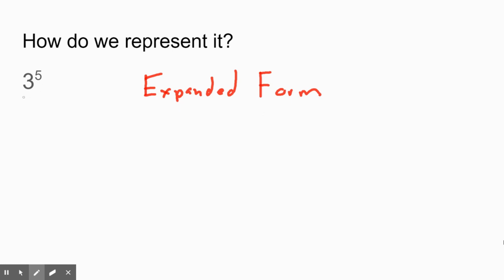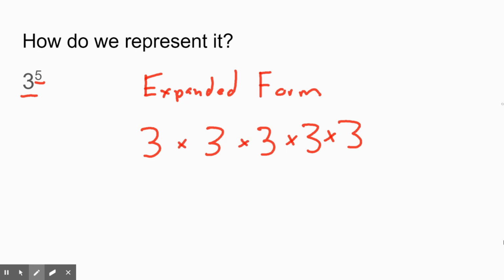We look at our base, 3, and our exponent, and we say we're multiplying 3 by itself 5 times. That means we need 1, 2, 3, 4, 5 3's, all being multiplied together. This is another way that we can represent a power.